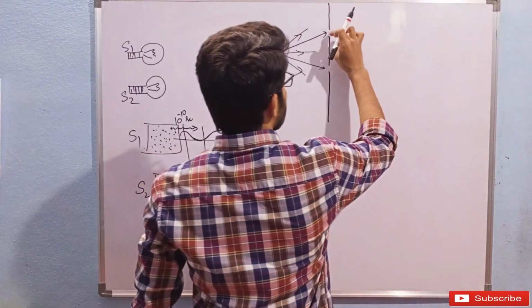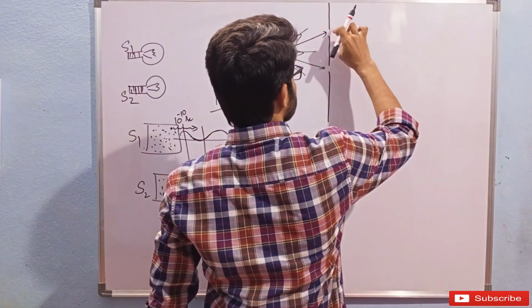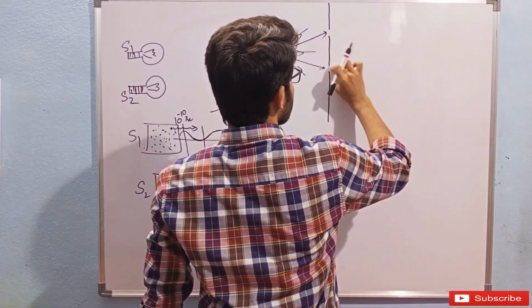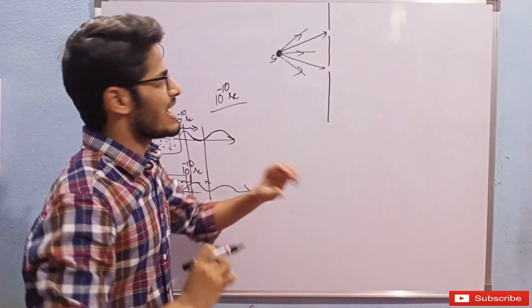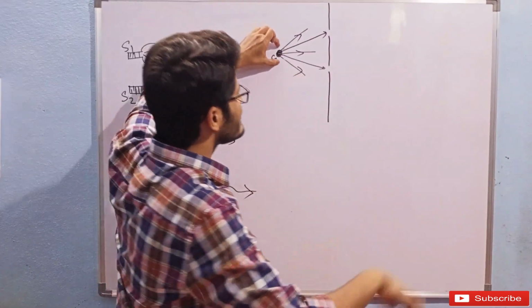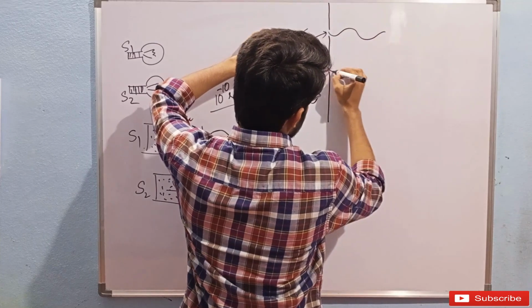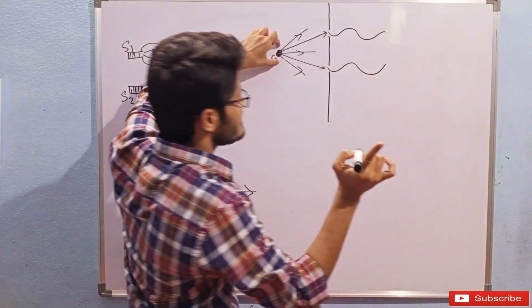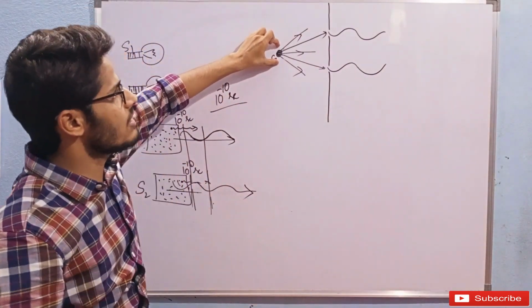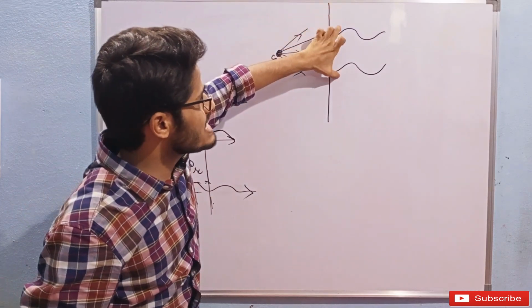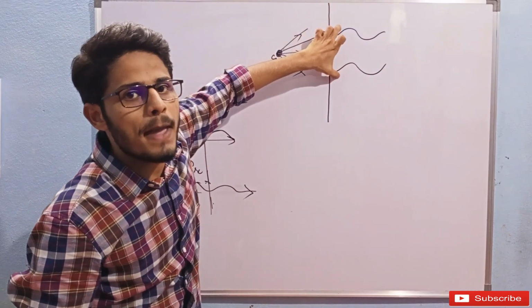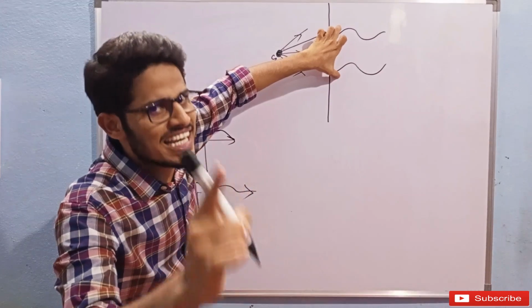Because the light for slit 1 and slit 2 comes from the same source, they have the same wavelength. And they also have a fixed phase difference between them, because they are just coming from a single source.